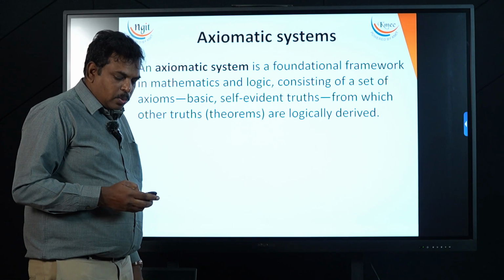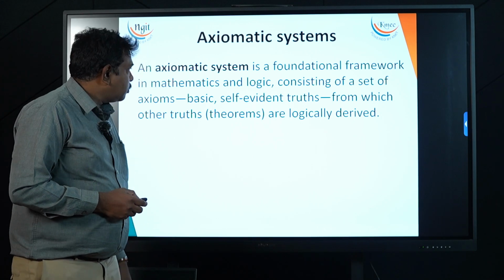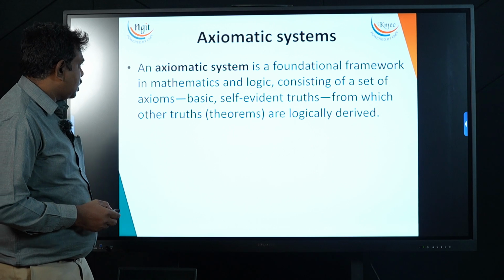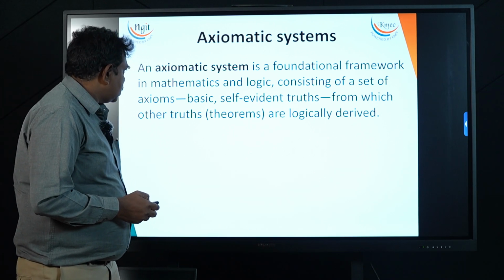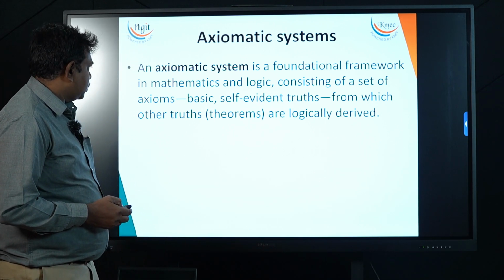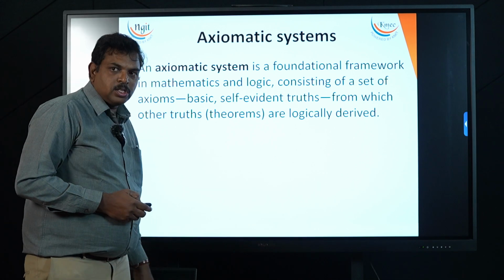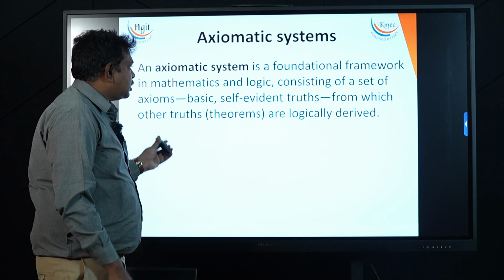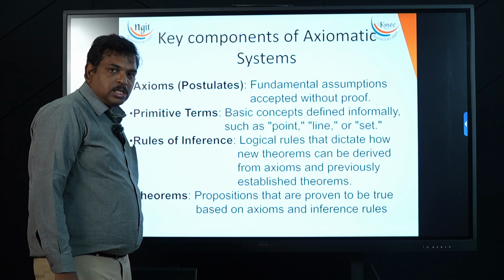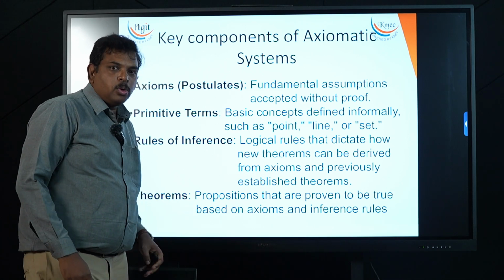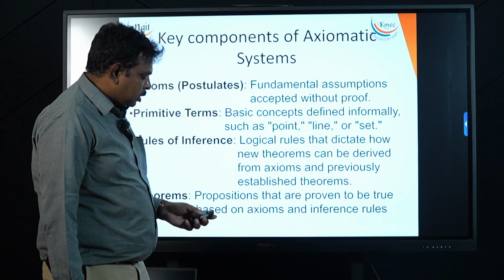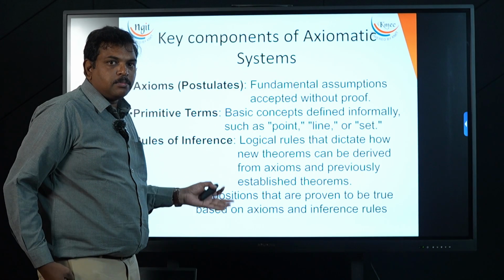So what we do, we take help of this method of axiomatic system, which uses the basic axioms of our geometry. An axiom is a basic self-evident truth. We are proving theorems; automatic theorem proving means we want to prove something.